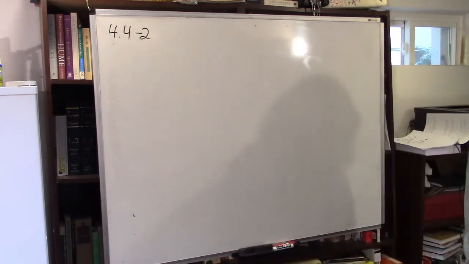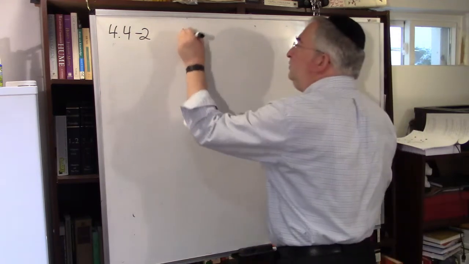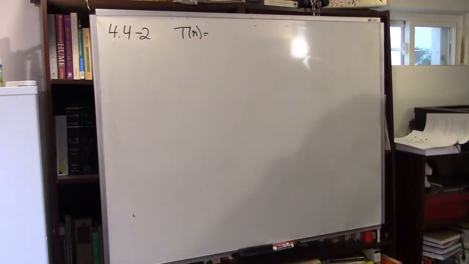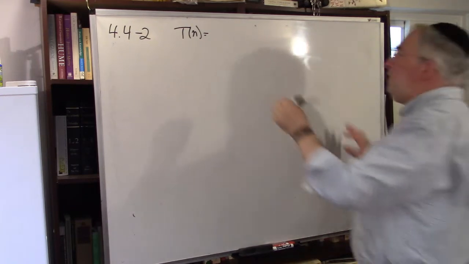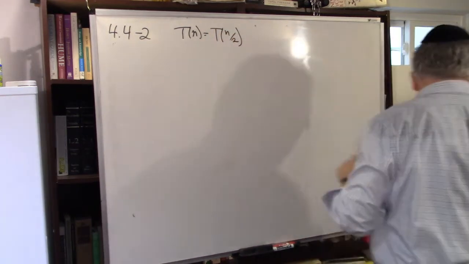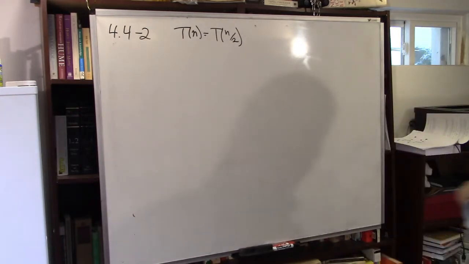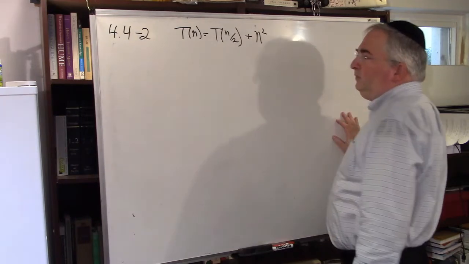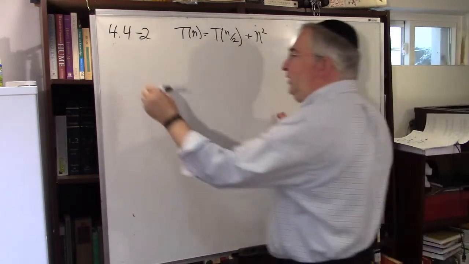Okay, and we're going to use a recursion tree to determine a good asymptotic upper bound to the recurrence T of n equals T of n over 2, there's a 1 in front of it, plus n squared. Okay, so let's build a tree.